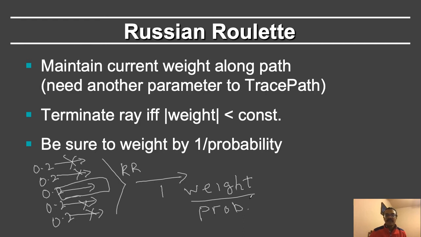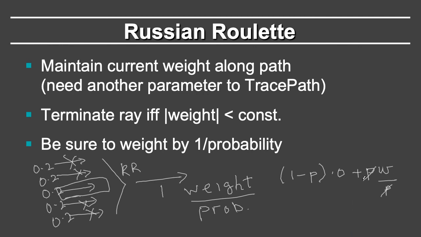In fact, you can verify that this is unbiased because with probability 1 minus p, the ray contributes 0, and with probability p, it contributes weight divided by probability. This cancels out, and the net result is the original weight. Okay? That will ensure that you have fewer rays which make a more significant contribution.